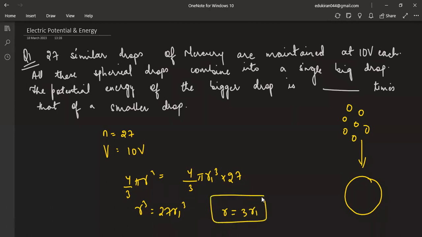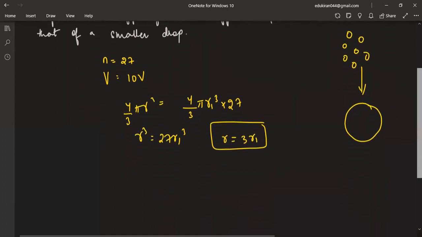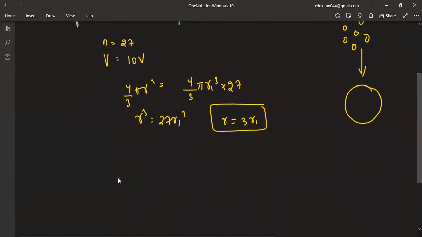This is the relation. Now for the electric potential, directly write KQ by R. Let's write the potential of the smaller drop.